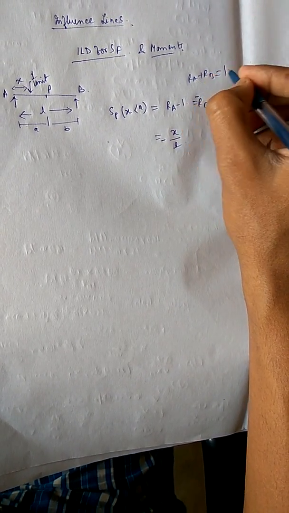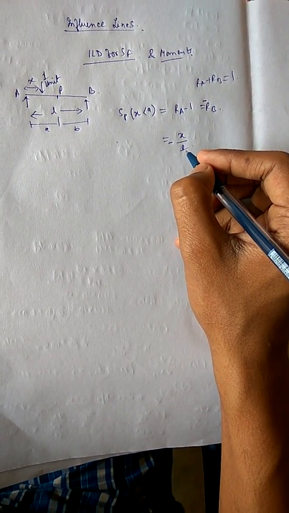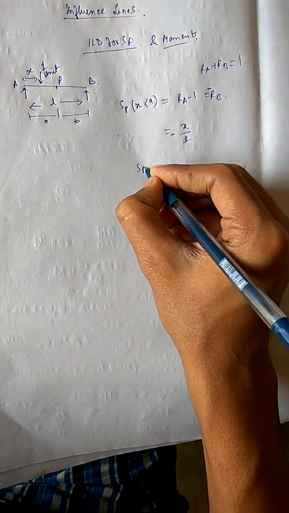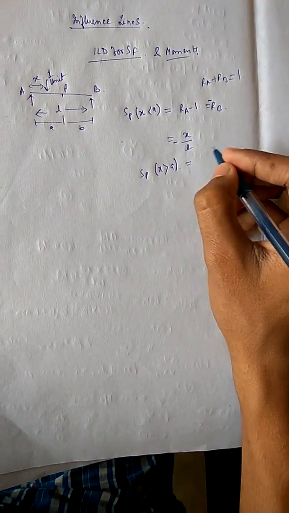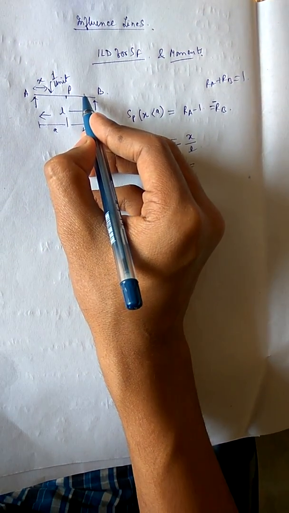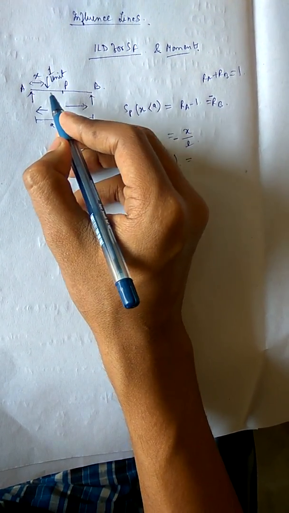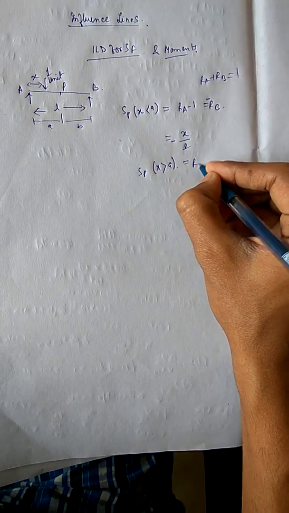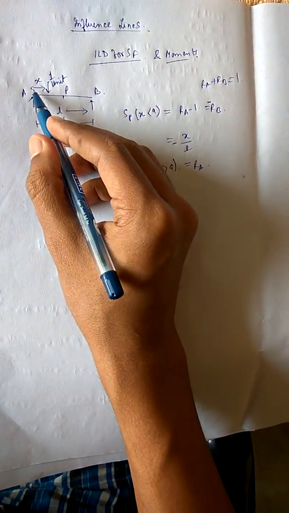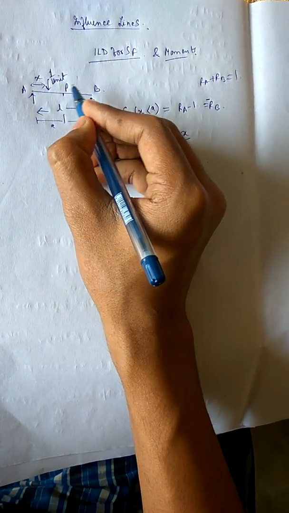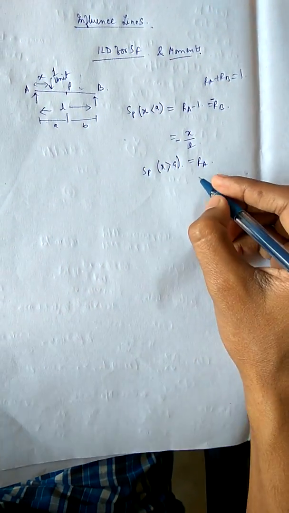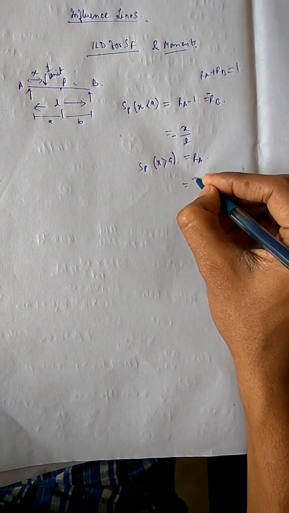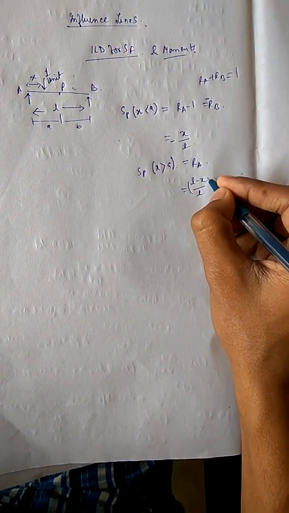Okay, and the shear force for x greater than a is equal to RA. Yes or no? Because if the load is beyond P, shear force at P will be only this force. And the value of RA is L minus x by L, which you can see from our video on how to find the value of RA.